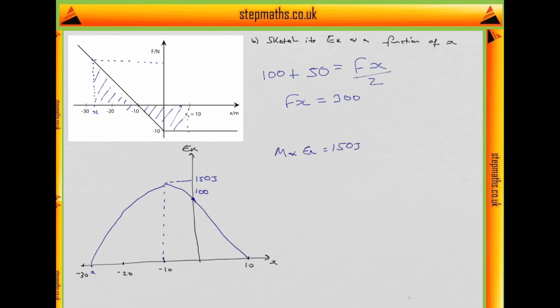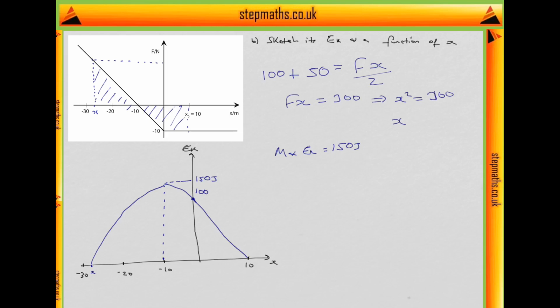Well, the way we're going to do that is we know that the area above here now must be equal to 150, the maximum, the total amount of work done here. But we know that the gradient of this line is 1 because it moves across 10 and up 10. So this value of x here will be the same numerically as this value of F. So in fact, we get from here that x squared is equal to 300 joules.